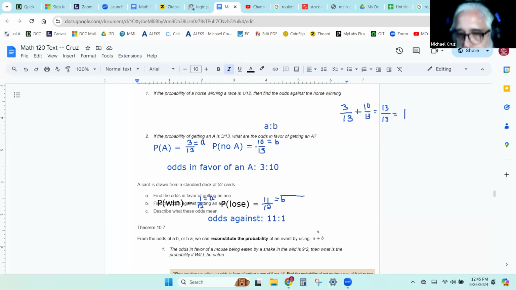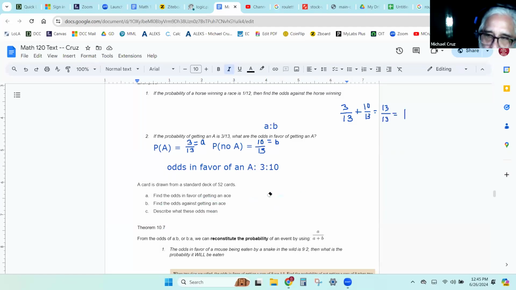All right, let's see what else we can do. The next thing is what I call reconstitution of probability from the odds.